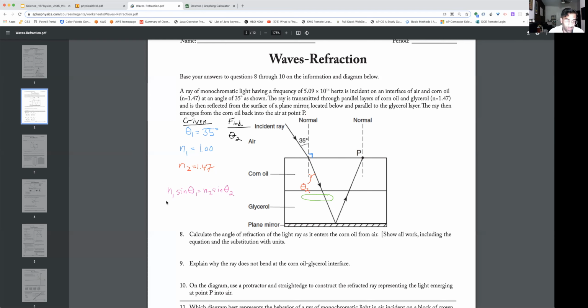So I have 1.00 times the sine of 35 degrees, and that is equal to 1.47 times the sine of theta 2. Now my first step in solving for theta 2 has to be to divide both sides by 1.47 to get the sine of theta 2 by itself.